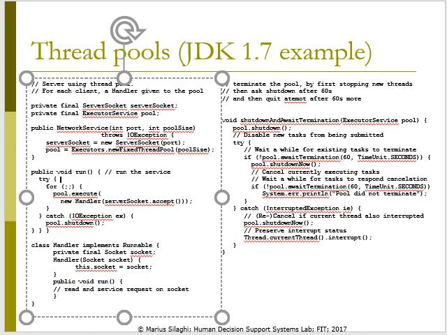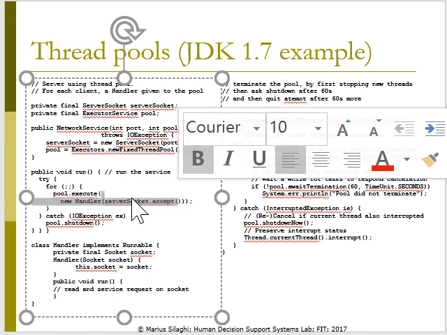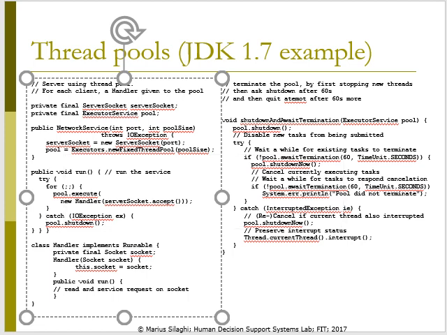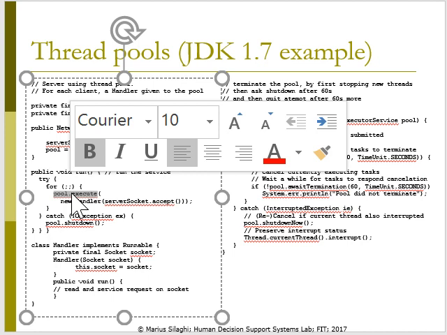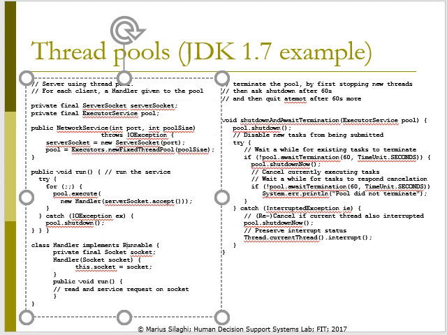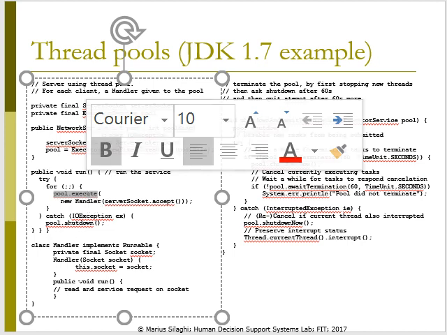And then each time a new client connects on the server socket, we would create a handler that encapsulates and can execute the thread serving the client, and the pool would be requested to provide a thread to carry to execution our handler, which implements Runnable. This is performed with a pool execute method.